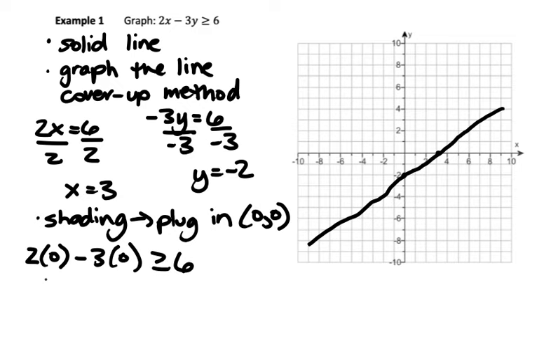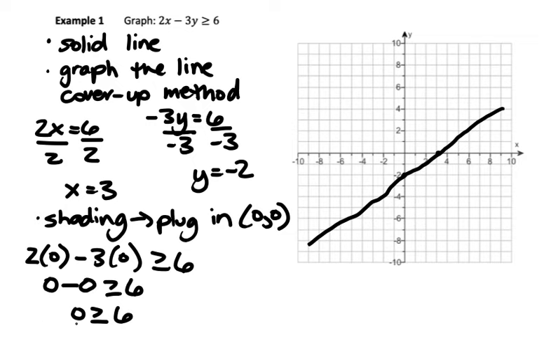And the advantage of using 0 is that 0 times anything is 0, so it makes the math pretty straightforward. 2 times 0 is 0, 3 times 0 is 0, 0 minus 0 is 0. You can use a different test point if you want. You should get the graph correct either way. 0 is just a little bit easier to do the math on.